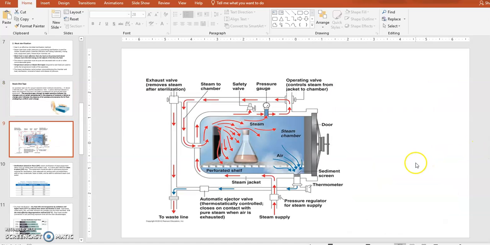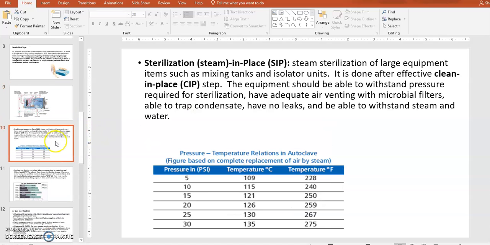This is too cheap. And this is the design of an autoclave machine, where you use steam heat inside of this chamber, and the steam heat is maintained for at least 15 minutes, and then things will be killed. So steam in place, or sterilization in place, that's SIP.